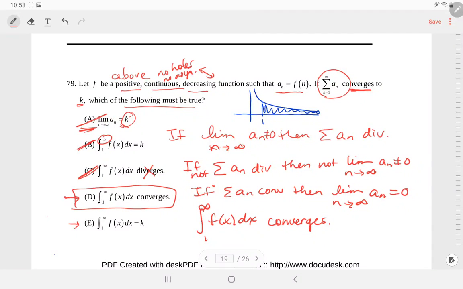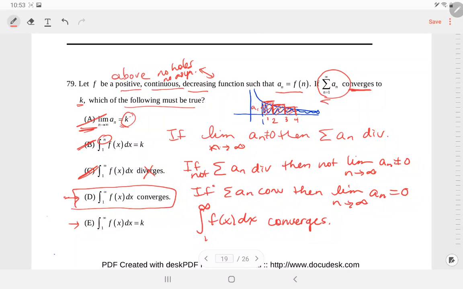The series is actually the rectangles, the Riemann sums. So the height at 1, the height at 2, the height at 3, those are actually the summation. It's very cool. So each width is 1, and each height is like a_1, a_2, a_3.